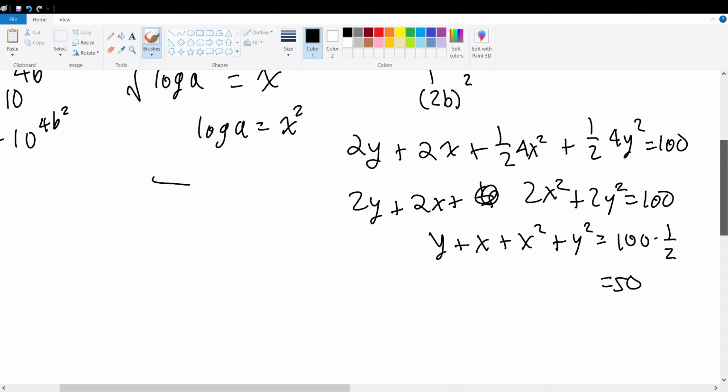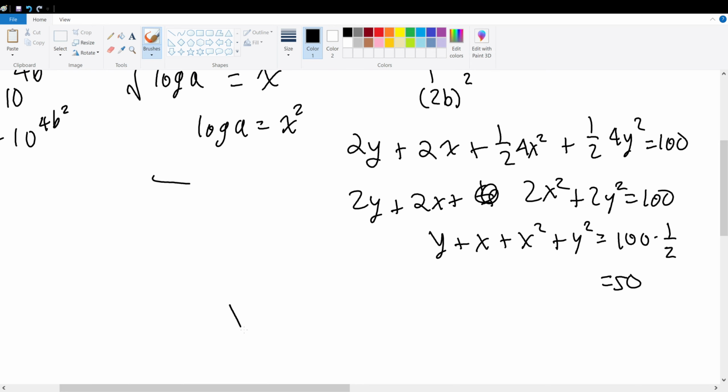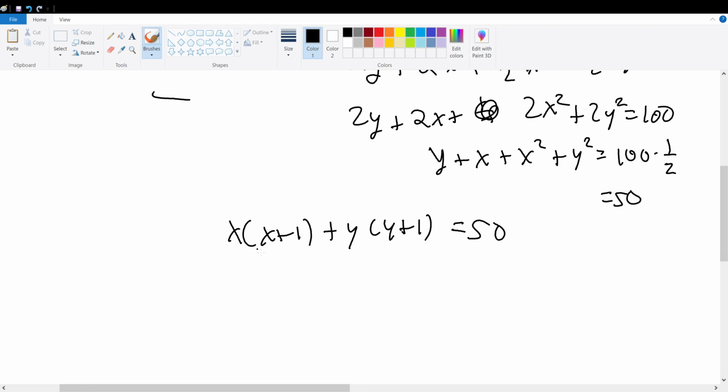So in other words, we have x of x plus 1 plus y of y plus 1 is equal to 50. So given this information, how do we approach it from there? Well, each of them has to be less than 25, because 25 times 2 is 50, the largest that we can go. So x times x plus 1 has to be somewhere within that range.